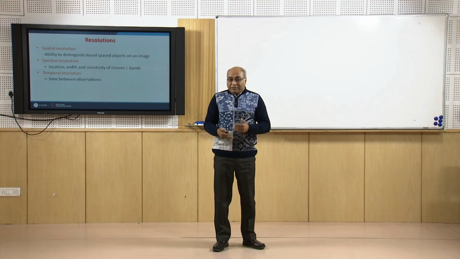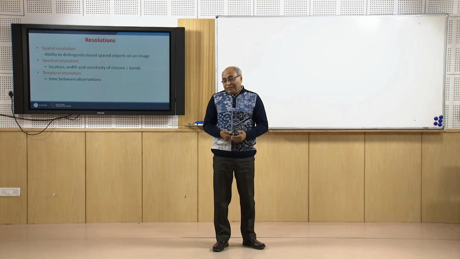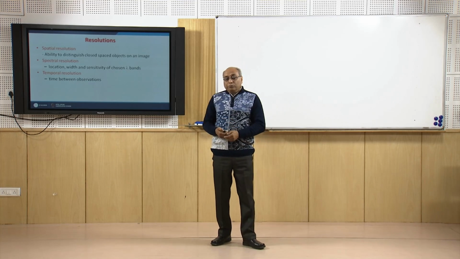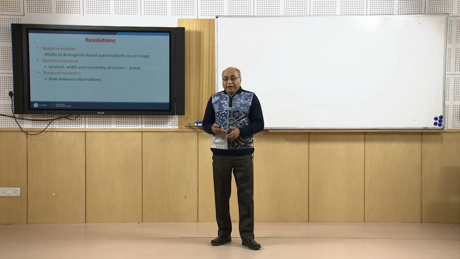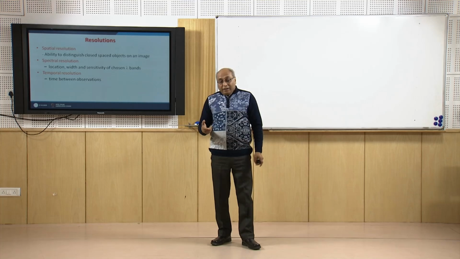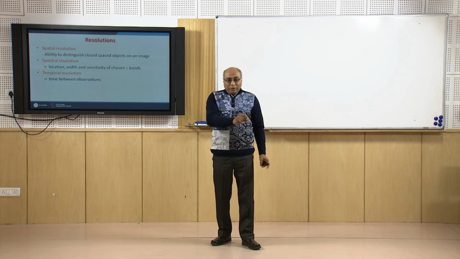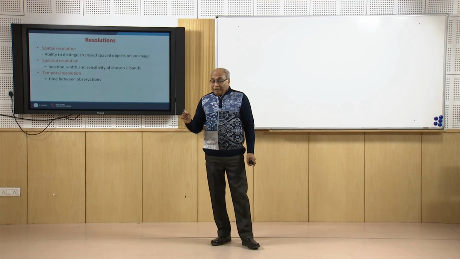It covers the same part of the earth at least twice in a day, in 24 hours. So repetitivity here is 2 times in a day, whereas a very high resolution satellite might revisit that area again after 22 days. So it is 2 times in a day versus once in 22 days.